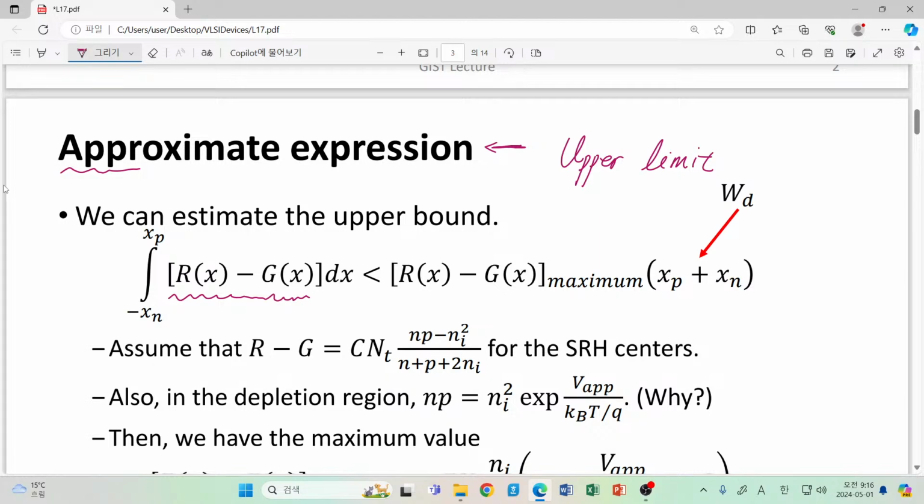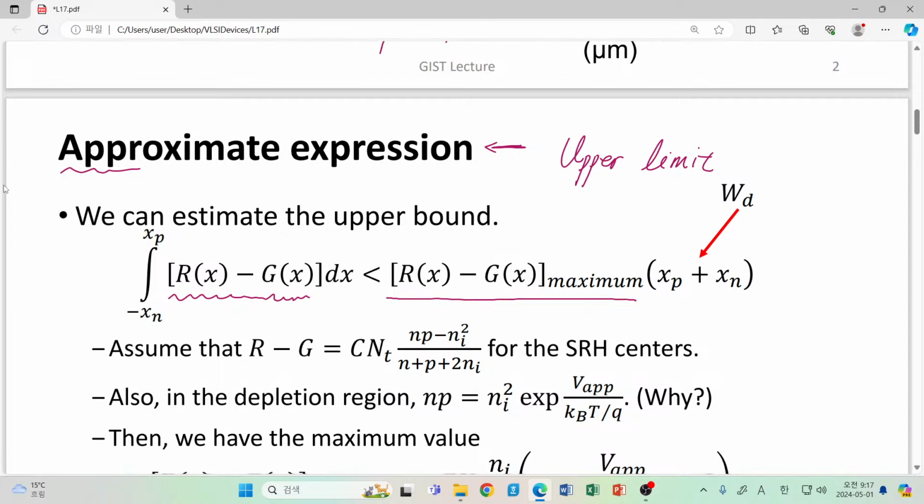However, we want to do something like this. Please have a look at this one. This one is the maximum value multiplied by the length of our integration domain.